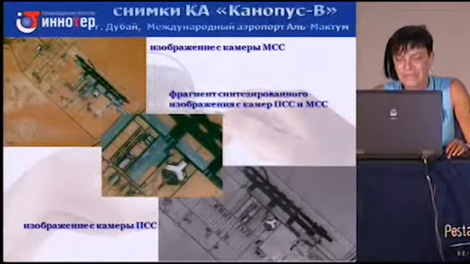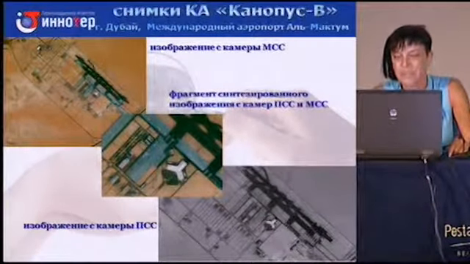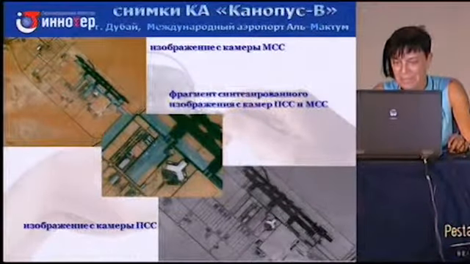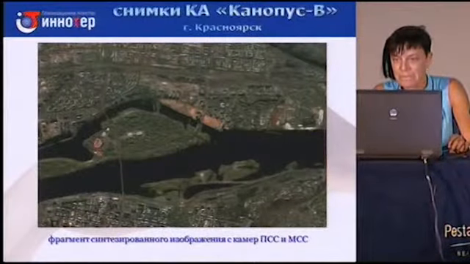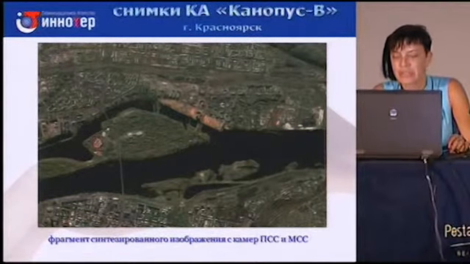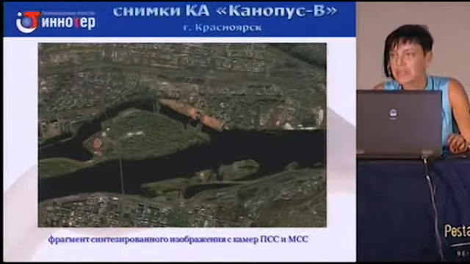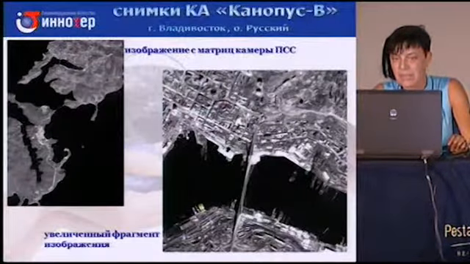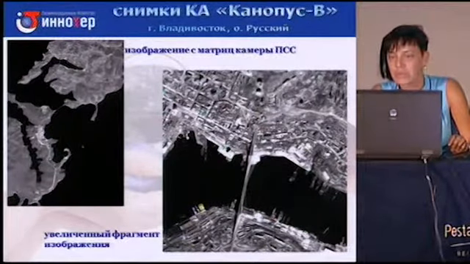I'm not sure if they're visible from here, but at the bottom you can see aircraft Il-96, domestic Russian aircraft. This is a fragment of synthesized image from PSS and MSS cameras.